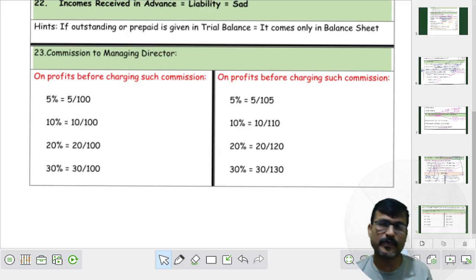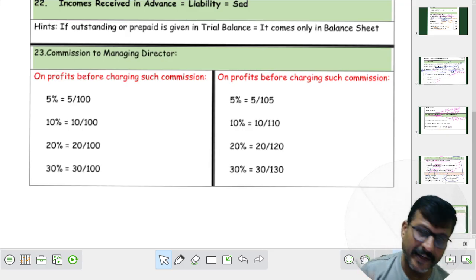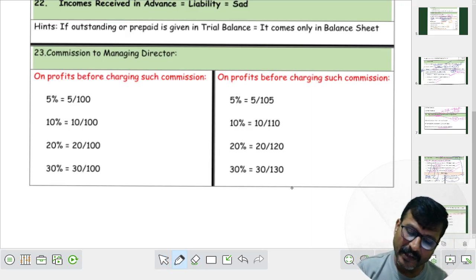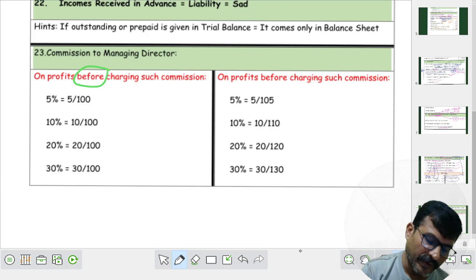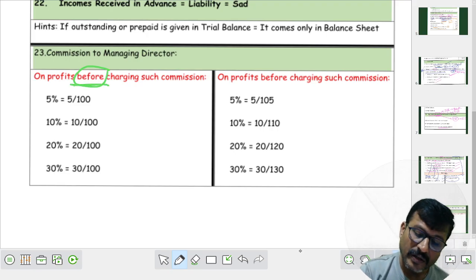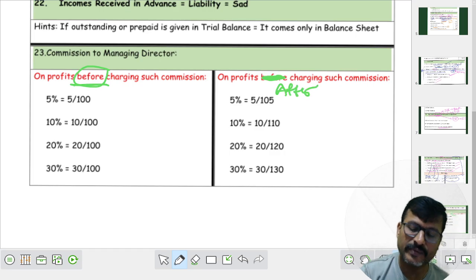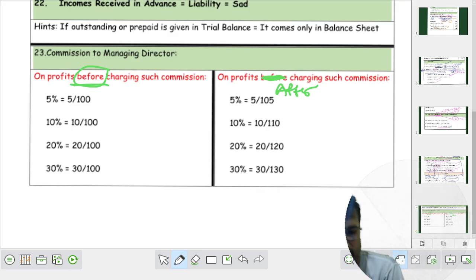Last point for explanation, commission to managing director. If the commission is given on the profit before charging such commission, here it is not before, it is after charging such commission. Make the changes of these two.